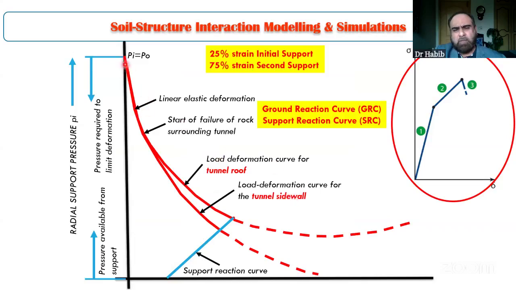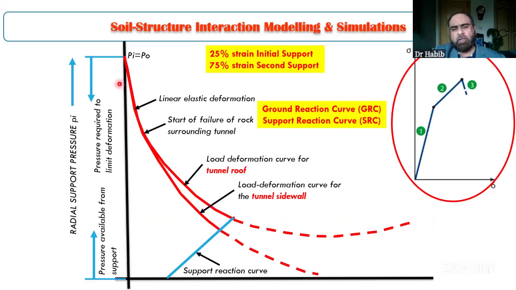For example, if we install our support when the tunnel is just excavated, our support system will experience very high stresses, and it will be a very heavy and uneconomical system. But if we install at this time, our tunnel roof has already failed.